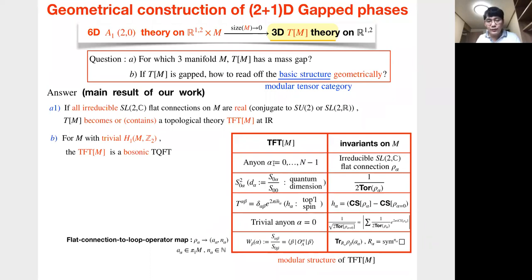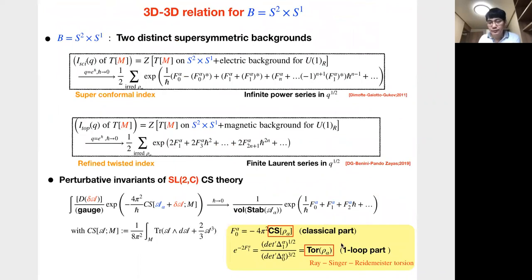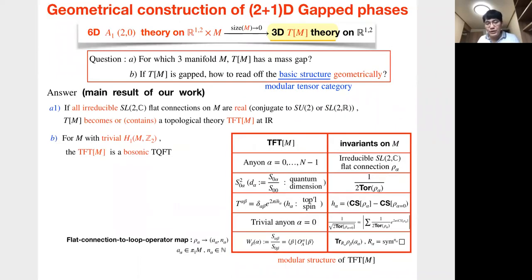An anyon has some quantum numbers, the so-called quantum dimension and topological spin. And these quantum dimensions and topological spins are determined by the torsion and the Chern-Simons functional. These quantum dimensions are encoded in the S matrix, and they are determined by the torsion of these flat connections, which, as I told you, is one part of the flat connection data. And the topological spin is determined by the Chern-Simons functional.